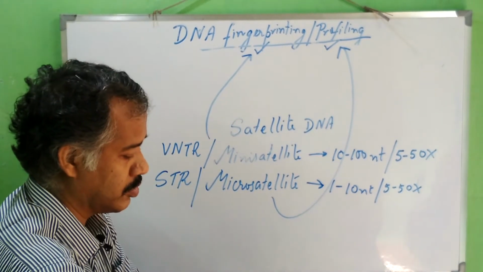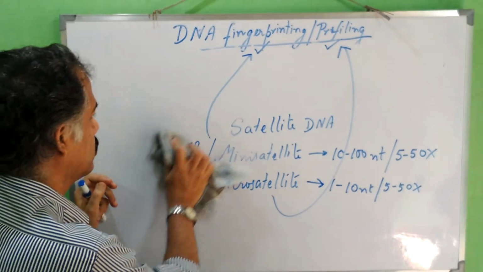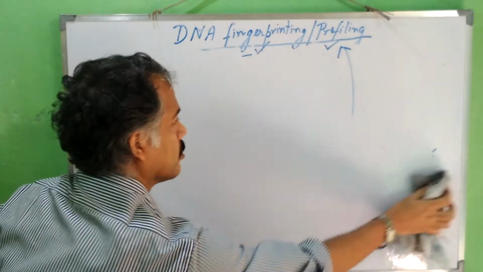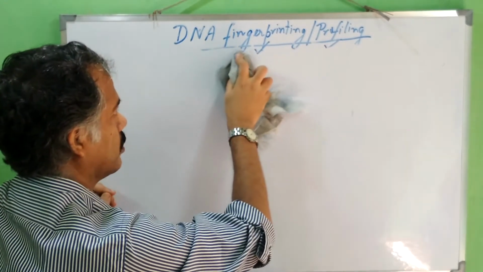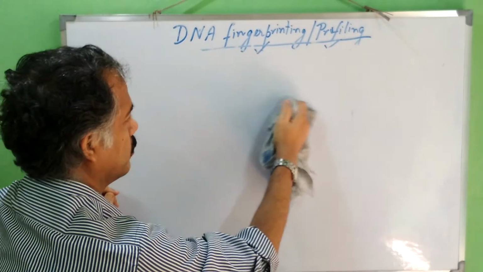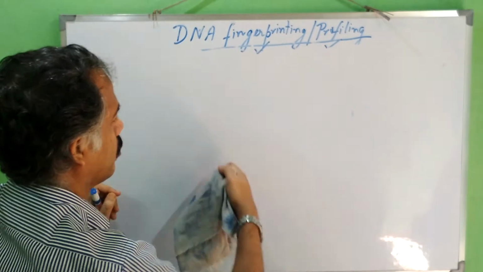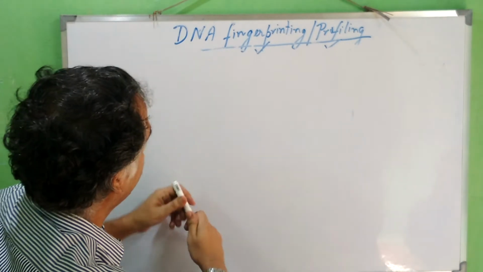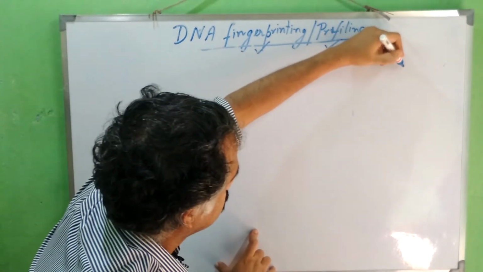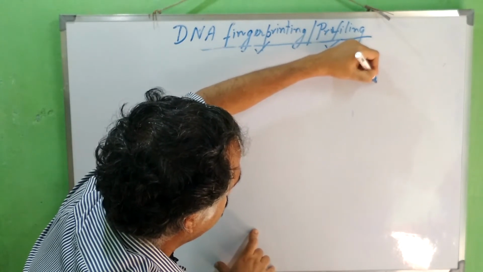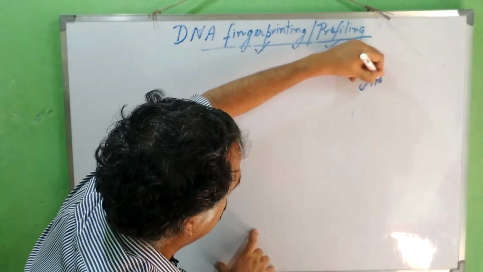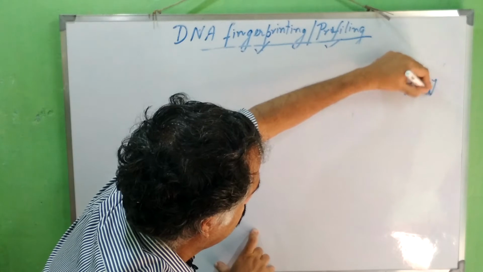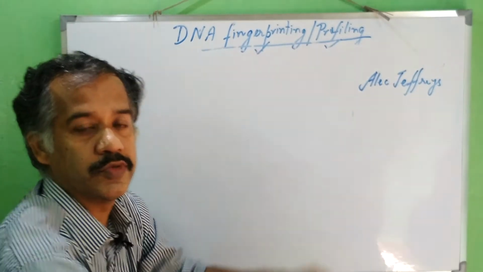So how did it all start? This all started with a British scientist named Alec Jeffreys in the 1980s, and Jeffreys was working on human genome DNA when he found out that there were regions of the genomic DNA which had repeat sequences.